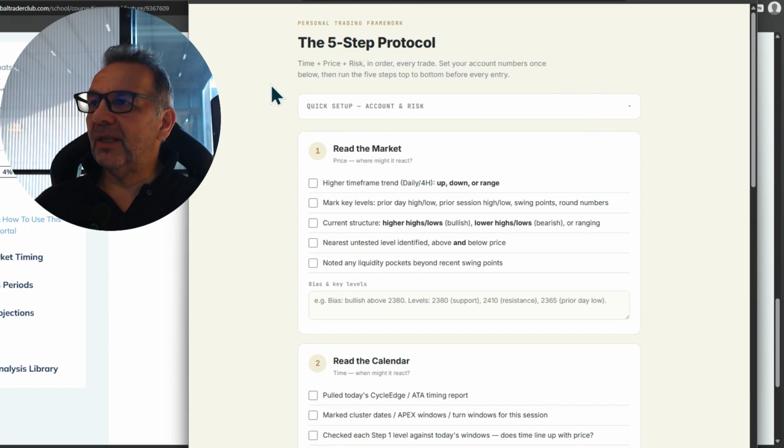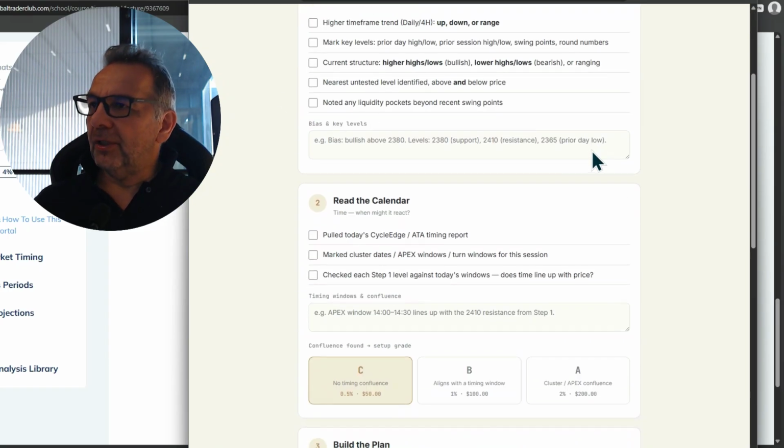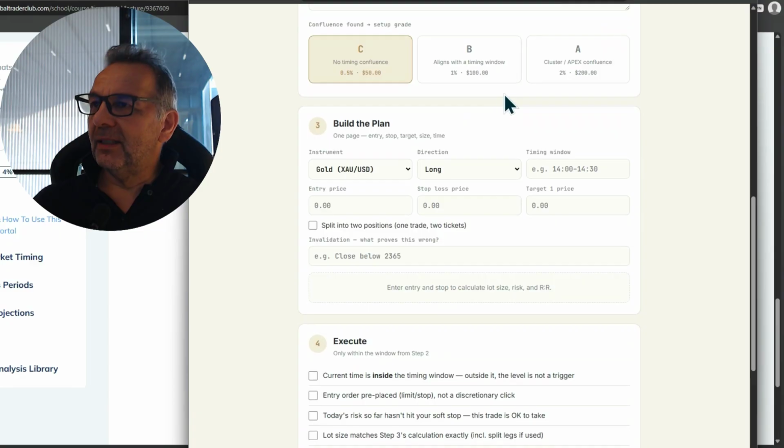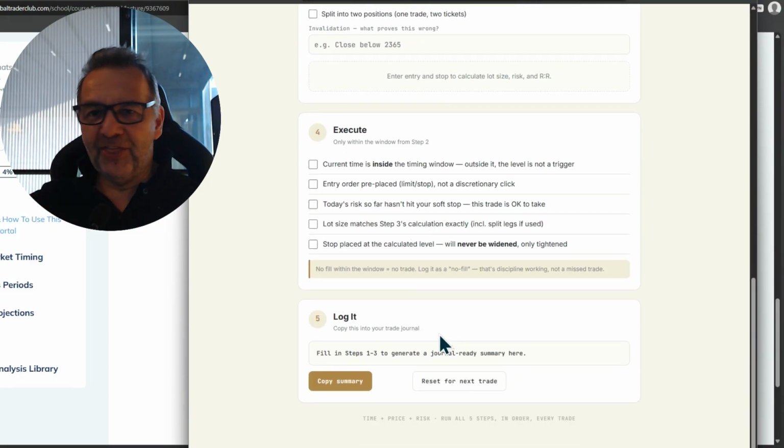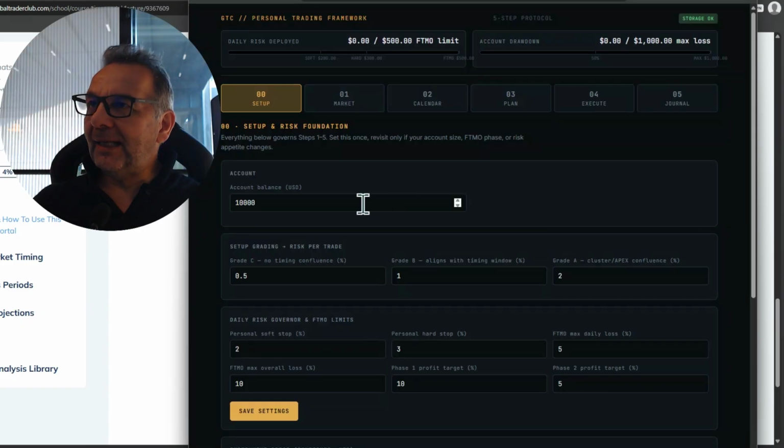This is the 5-step protocol: technical analysis, read the calendar, build the plan, trade the plan, log it. That's it. Today I added in there a personal trading framework.